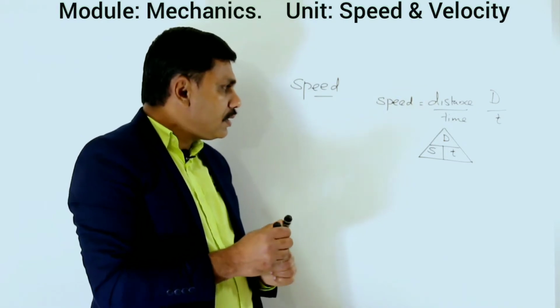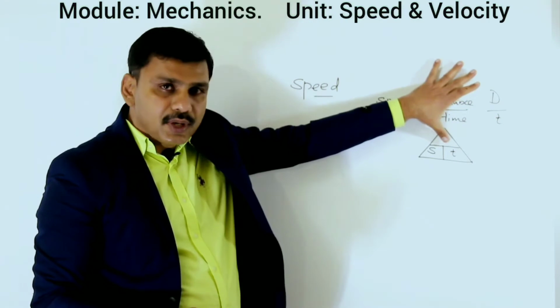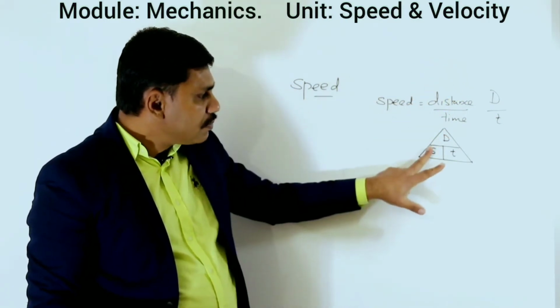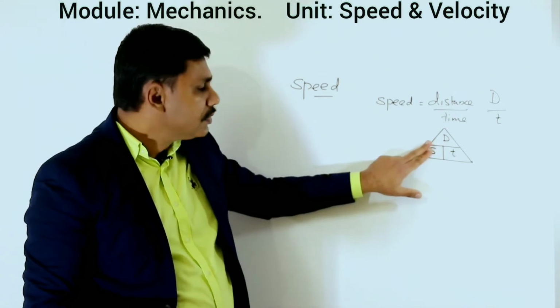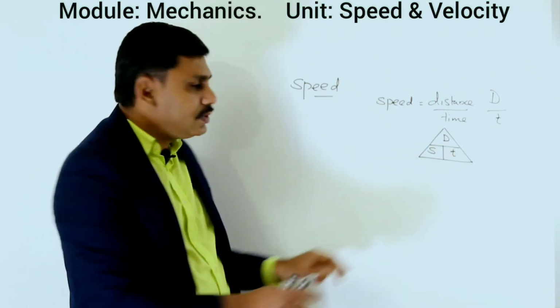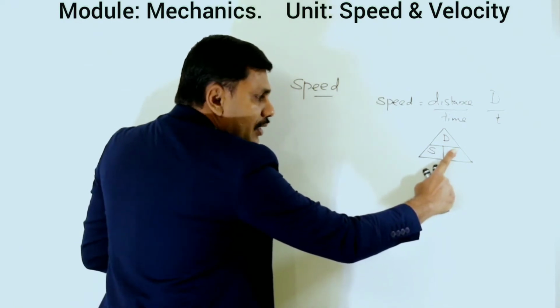In order to calculate distance, you hide d, that is speed into time. Or in order to calculate speed, you hide s, that is distance by time. In order to calculate time, you hide t, then time equals distance by speed.